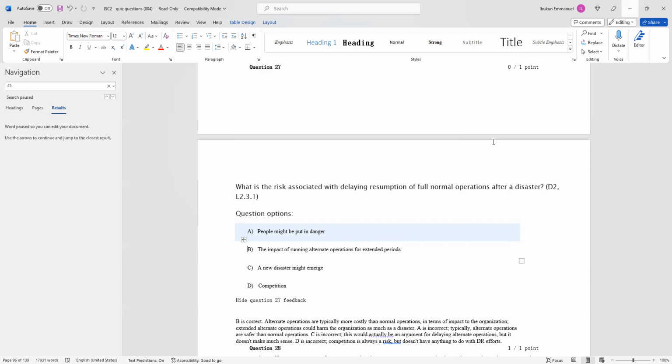Could be data corruption issues. So there's an impact of running alternate operations for extended periods, including costs.